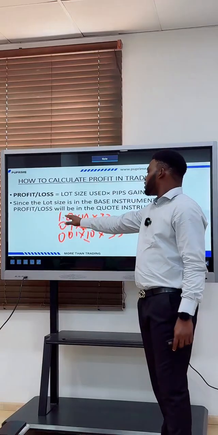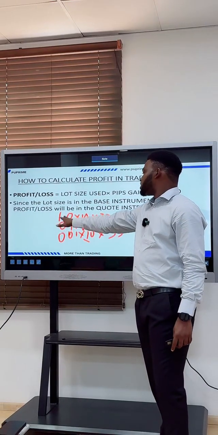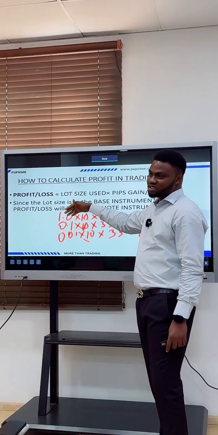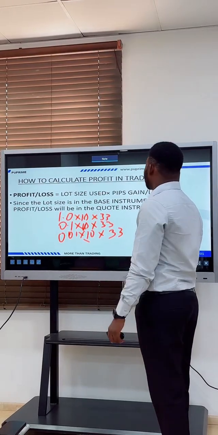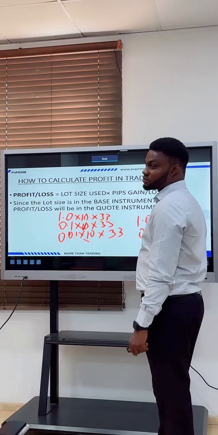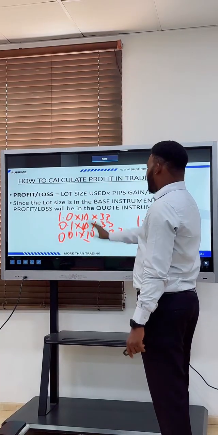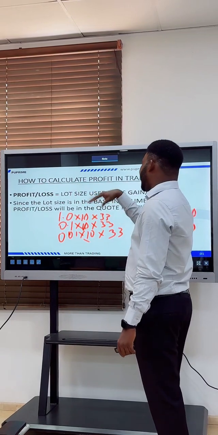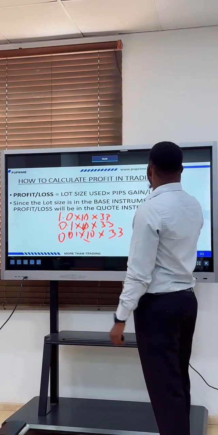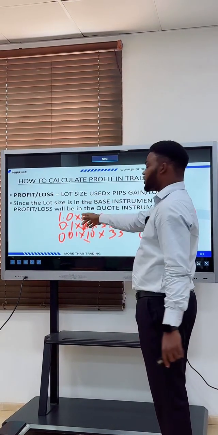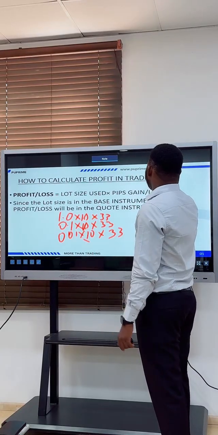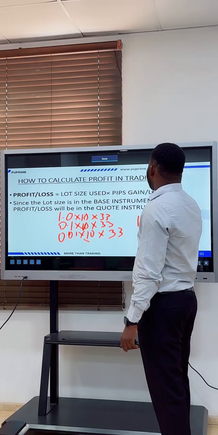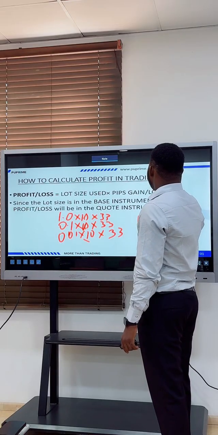Let's pick a lot size outside these three: one standard, one mini, one micro. I don't want us to use a rounded figure, so let's use 7 for the first one. For the second, let's use 0.7. Then let's use 0.07.